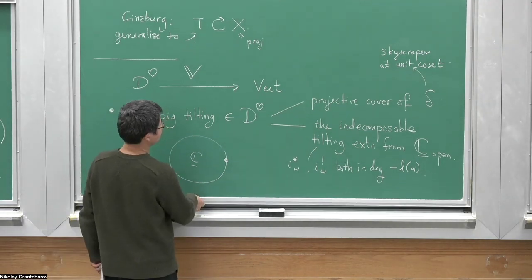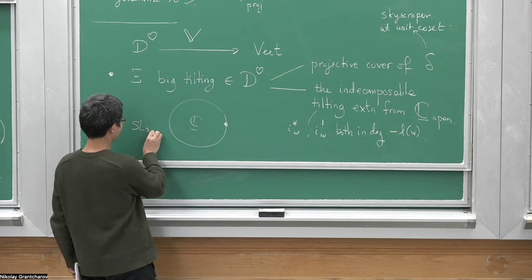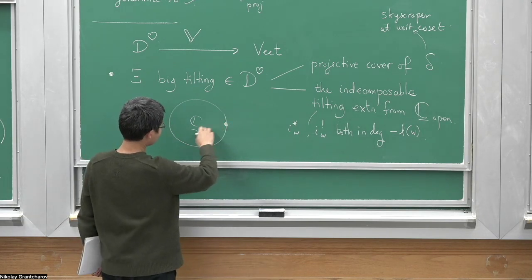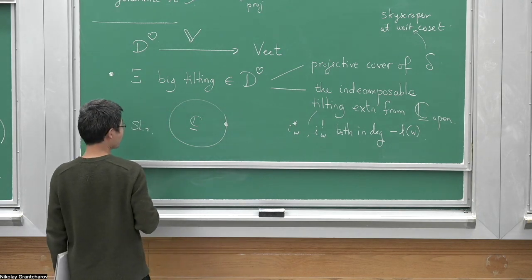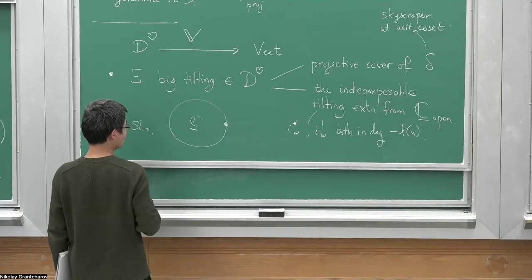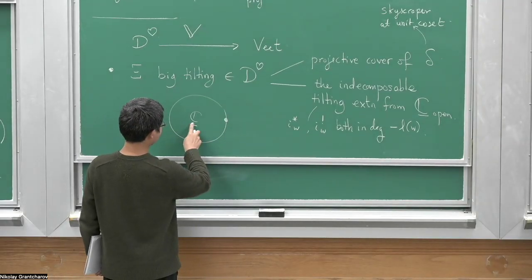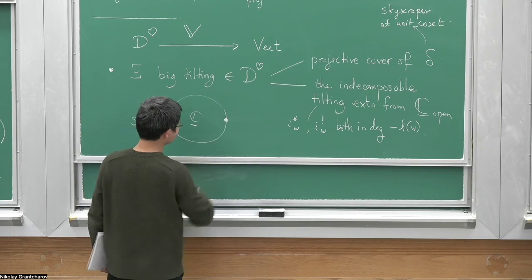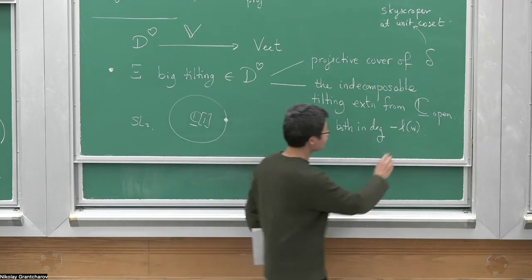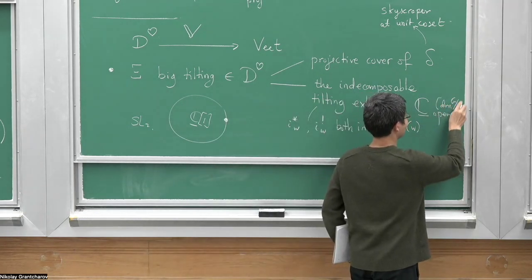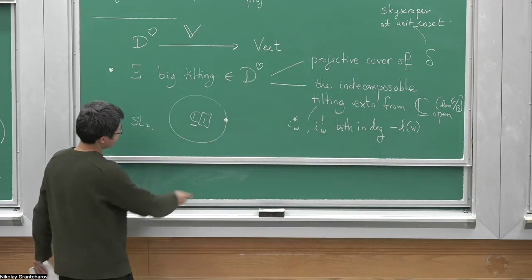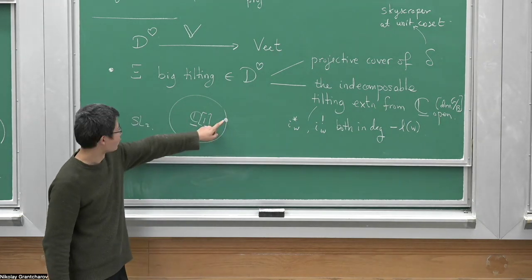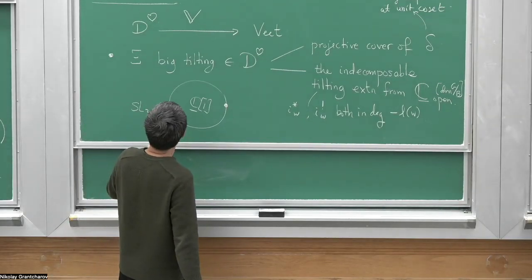In this example, you will see that both the stalk and co-stalk are one-dimensional in the perverse degree, put in degree 0 at this point stratum. So that's the big tilting object.